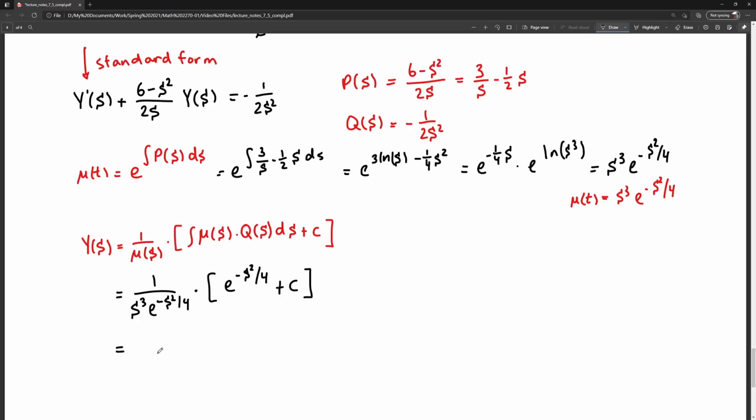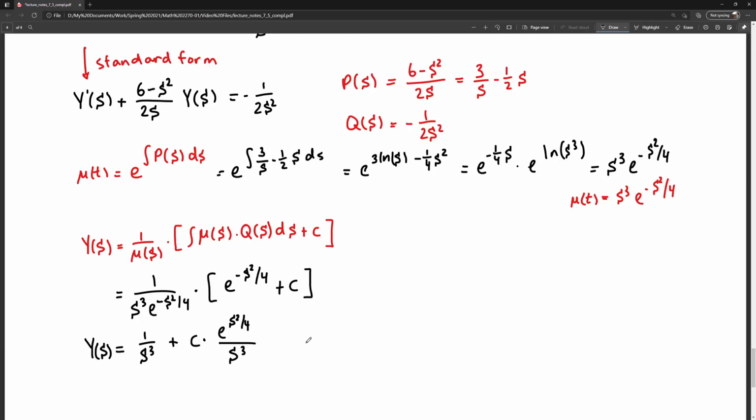And that can be simplified somewhat to 1 over s cubed, since these powers of e cancel out, plus c times e to the power negative s squared over 4 brought to the numerator with a positive power. So that's e to the power s squared over 4 over s cubed. So that is my y of s.